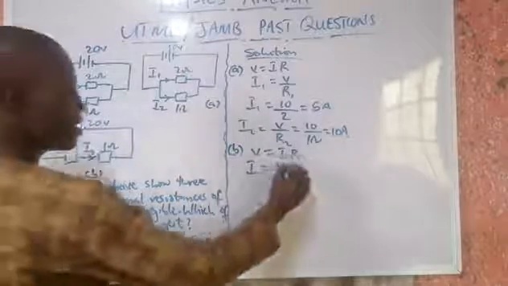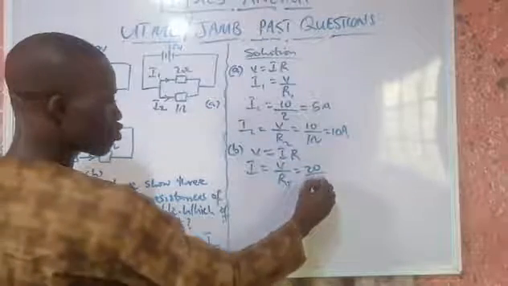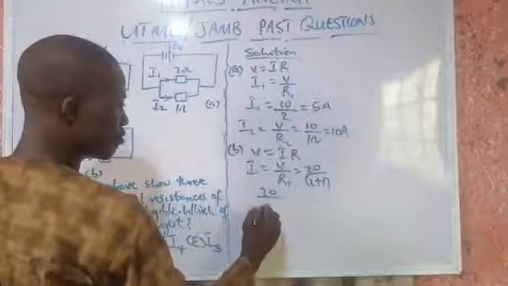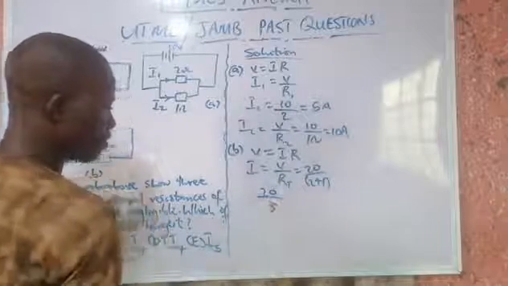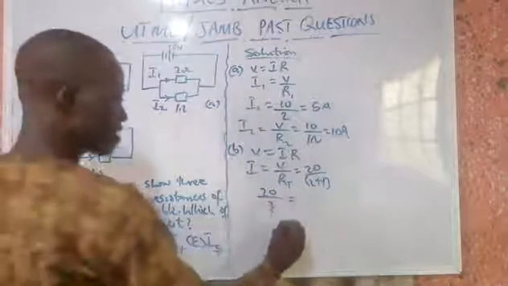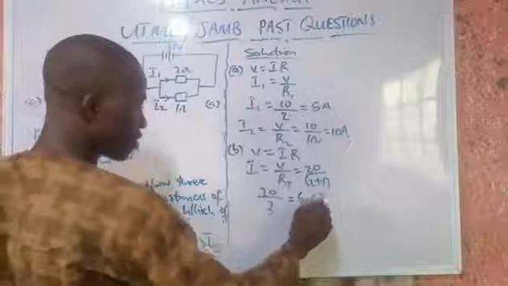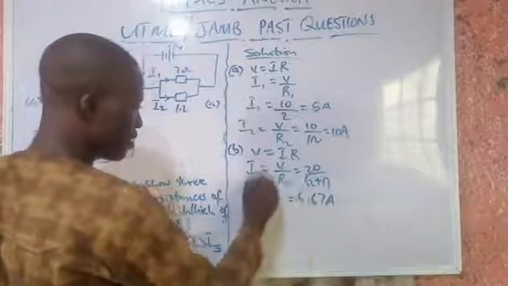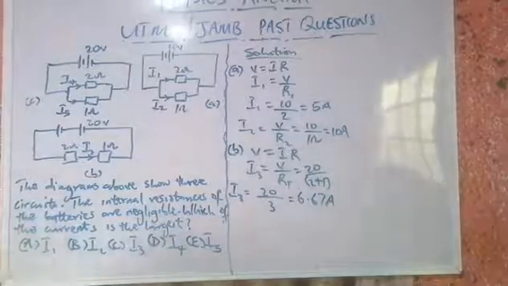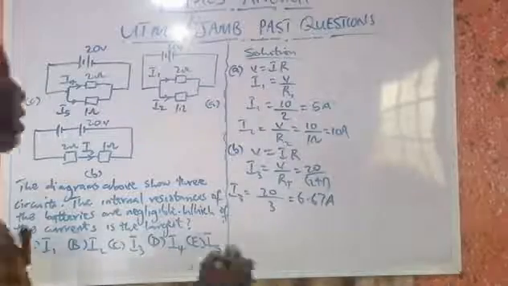So that will be 20 over 2 plus 1, which is 20 over 3, about 6.67 ampere. That is I3. So we have gotten our I3.